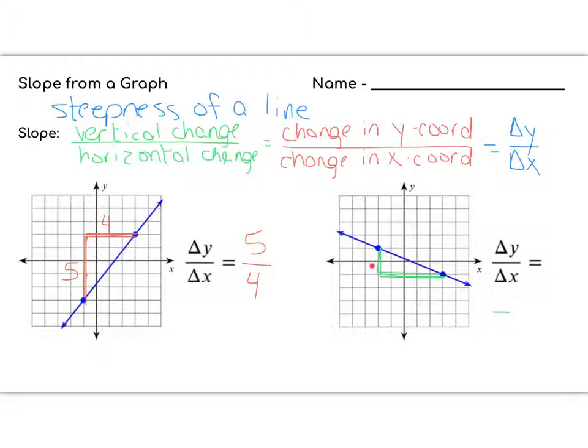Our vertical change is 2 spaces. That's my change in y. Our horizontal change is 1, 2, 3, 4, 5 spaces. That's my horizontal change. So my change in y is 2. My change in x is 5. So the slope of this line is negative 2/5.